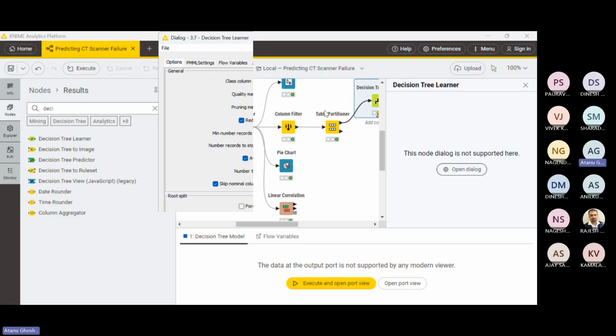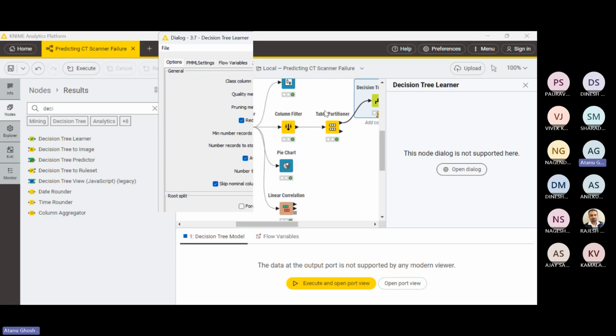It arrives at a situation where every logical conclusion has to conclude either a machine is going to fail or not fail. In that situation, what is the minimum number of records per node? What is a node? When you have a decision tree, when you are branching the decision tree, the last points of the decision tree are called the leaf nodes.